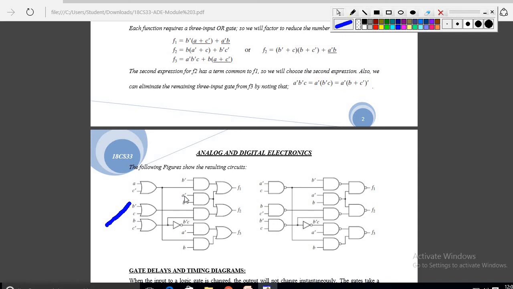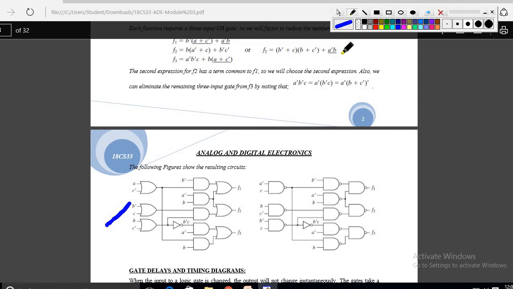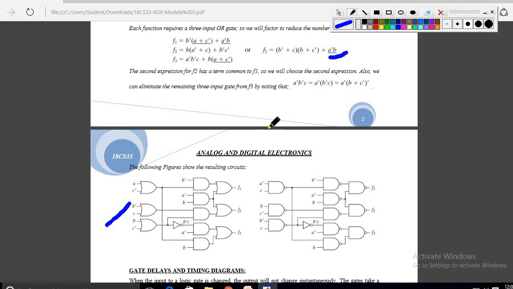In terms of the AND gate, the inputs of the AND gate are A bar and B. I am writing this directly for this input, and the remaining inputs are these two. Because of this AND gate symbol, this is an AND gate.